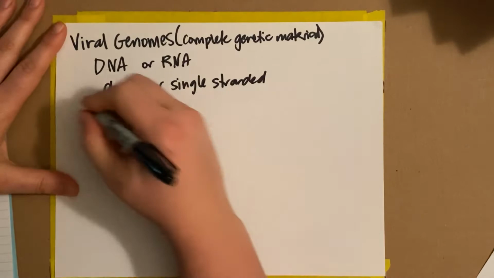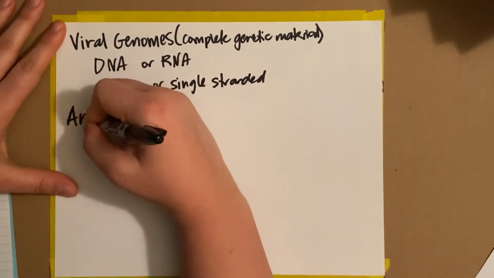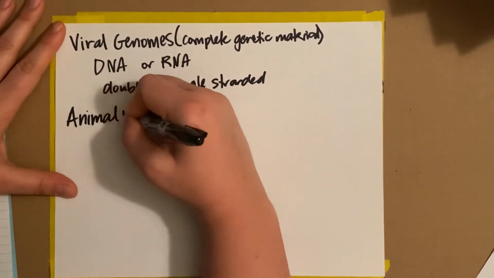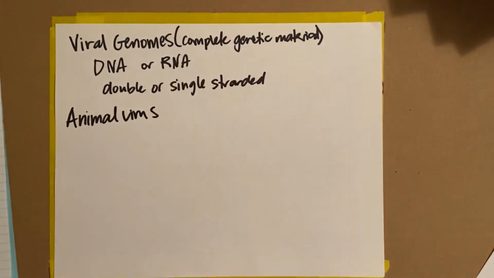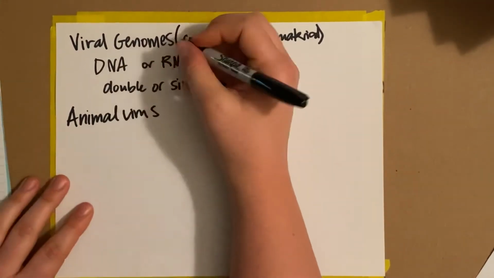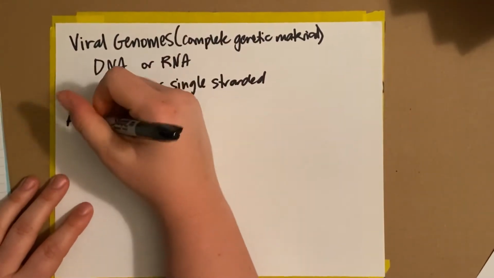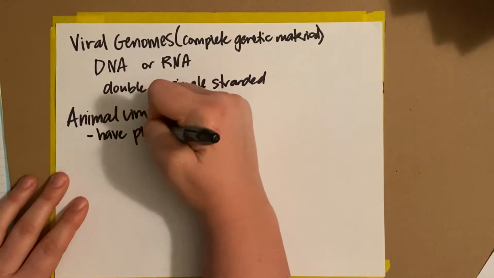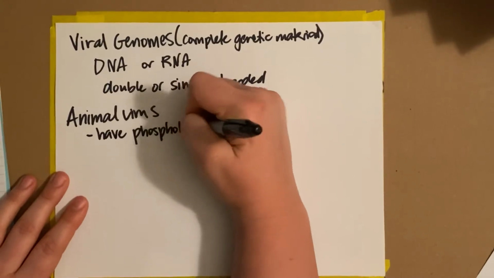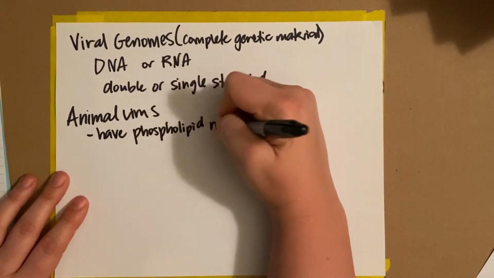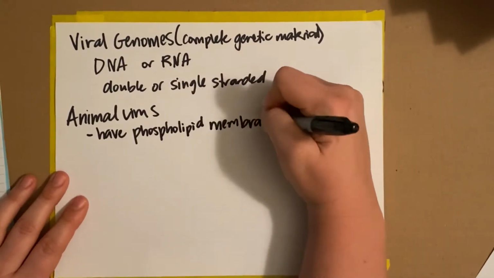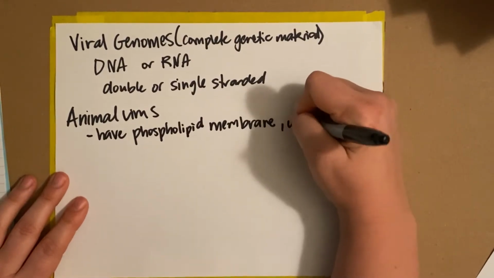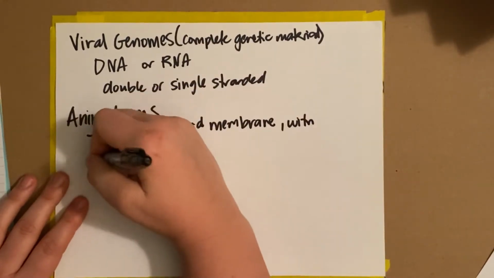All right. Now, animal viruses tend to have a phospholipid bilayer or membrane on the outside, with protein spikes.